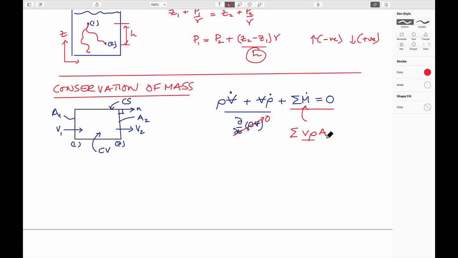We can define it both in terms of static and moving control volumes.